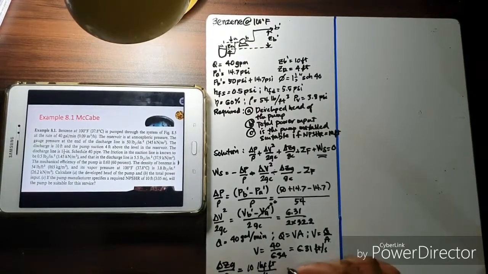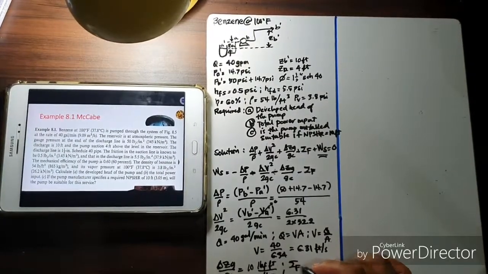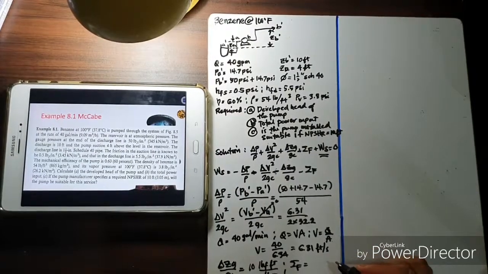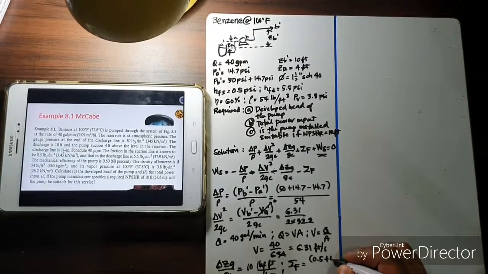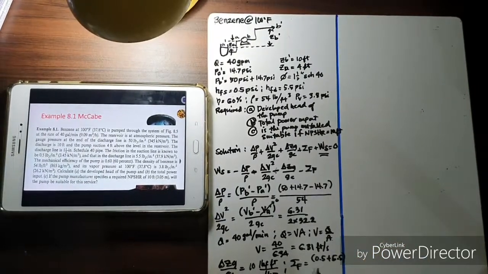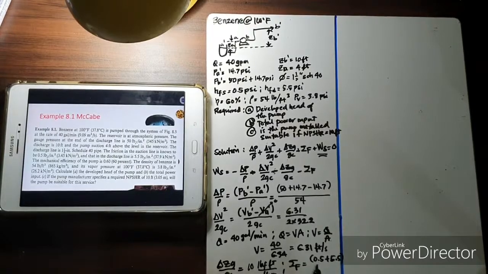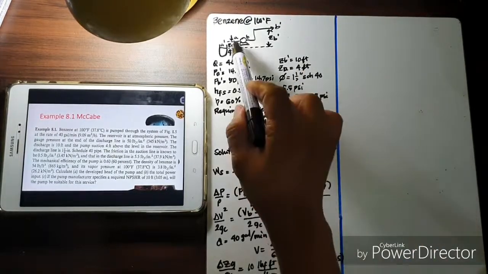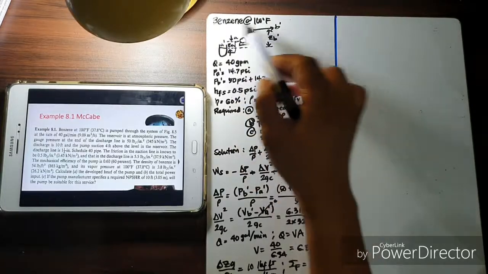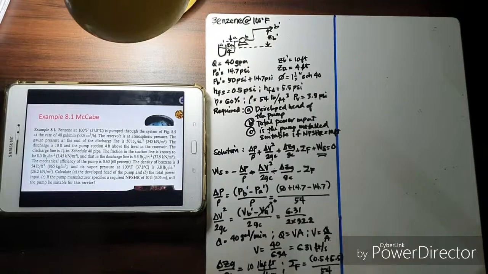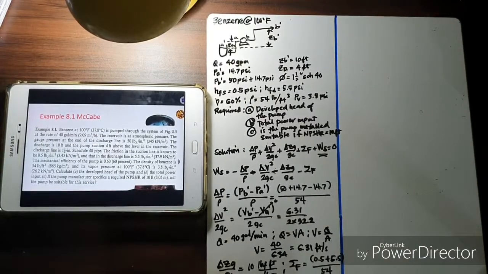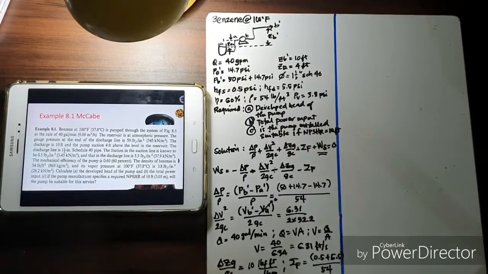And then of course, the summation of all the friction losses is equivalent to 0.5 plus 5.5. Why plus? This is for the suction, this is for the discharge. So we calculate the entire system first. Of course, converting it to feet pound force per pound mass, we are going to have to divide it by 54 pounds per cubic feet, and you multiply it by 144 to convert the inch squared.